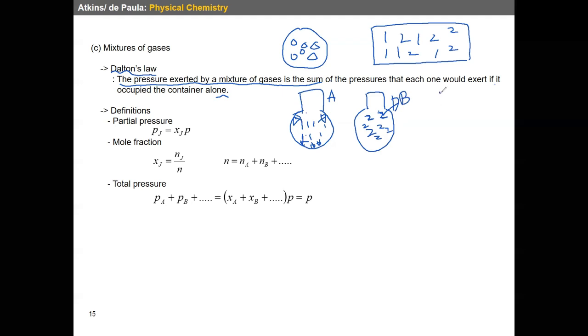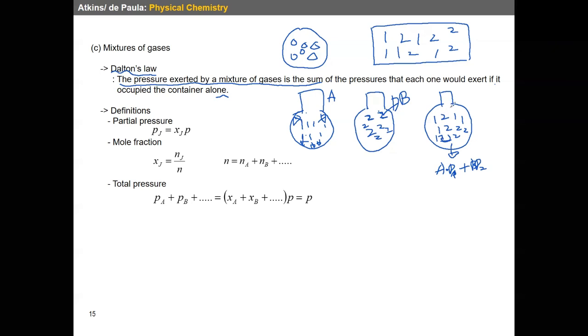When we mix these two gases in one container, the pressure of this system will be the fraction A times P1 plus the fraction B times P2. So what does this mean?